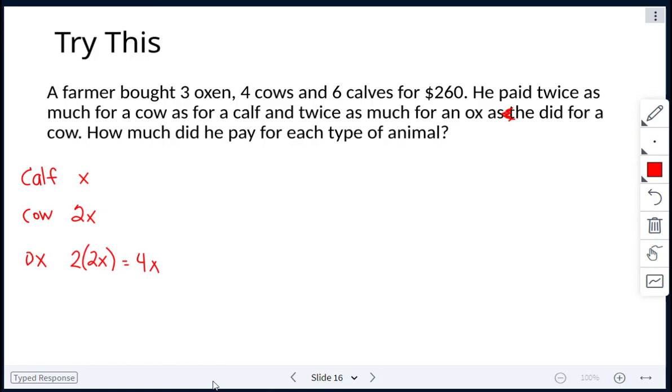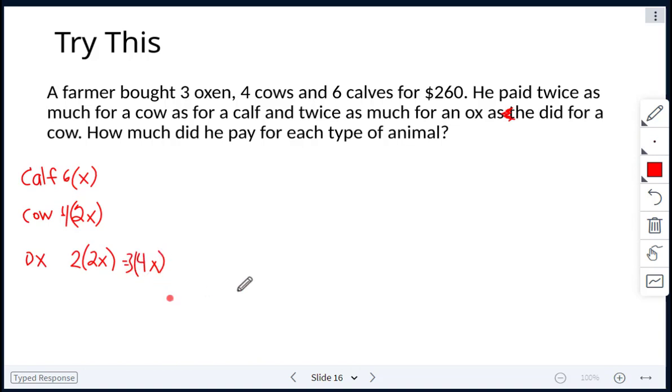So when you're putting this into your expression, there are 6 calves, so this would be multiplied by 6. There are 4 cows, so this would be multiplied by 4. And there are 3 oxen, so this would be multiplied by 3.